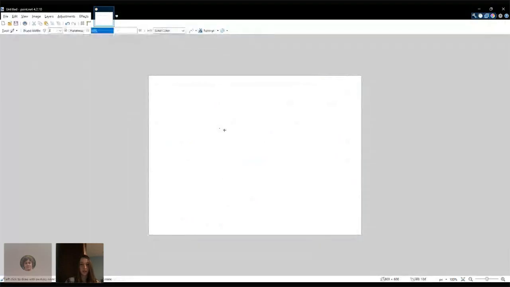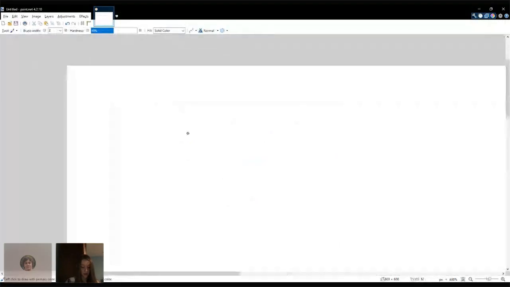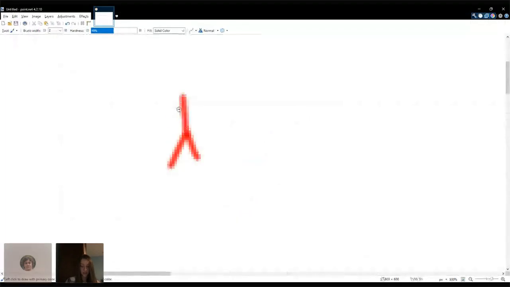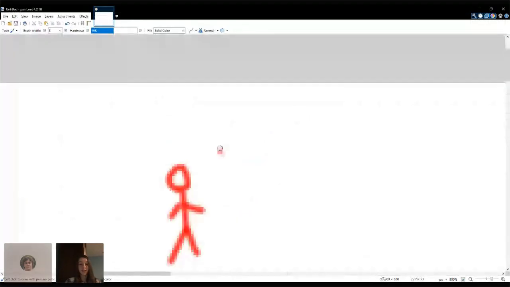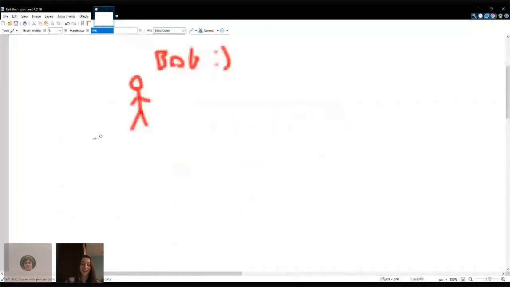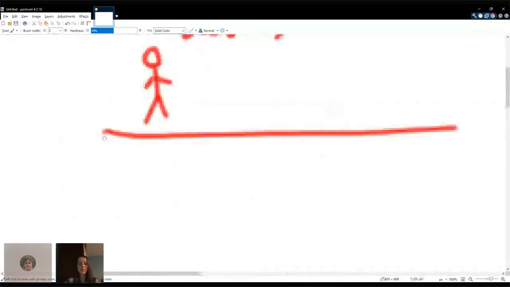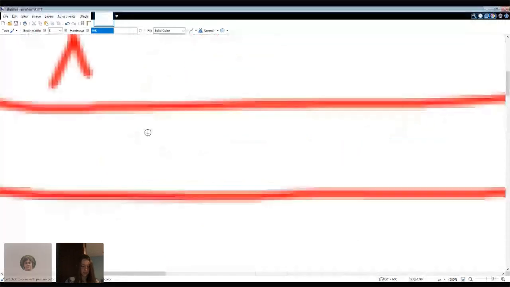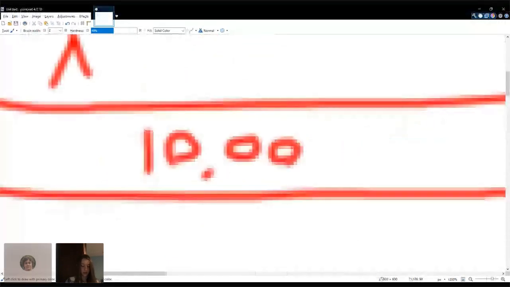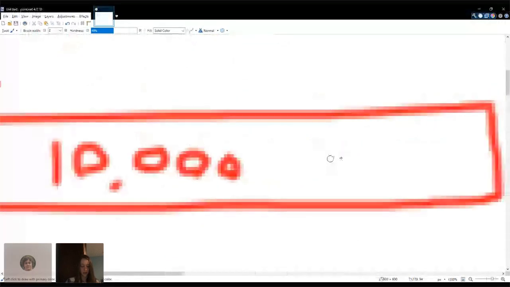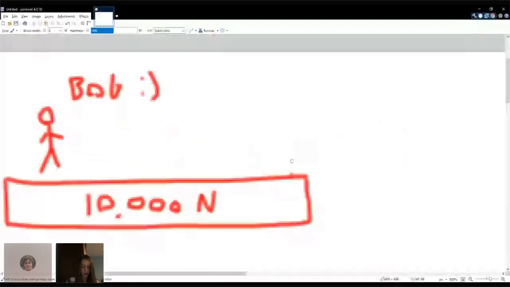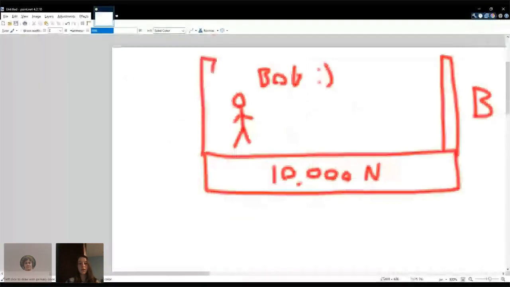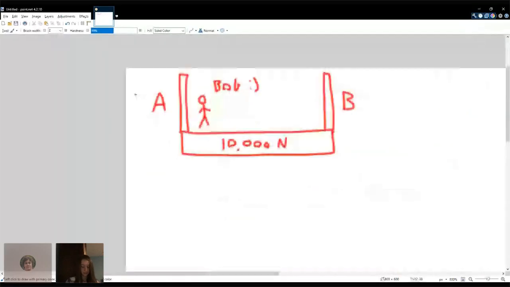Let's hear it. So Bob is standing on a bridge. The bridge itself weighs 10,000 newtons. Okay. There are two pillars on either side, pillar A and pillar B, and the span between the pillars is 80 meters.